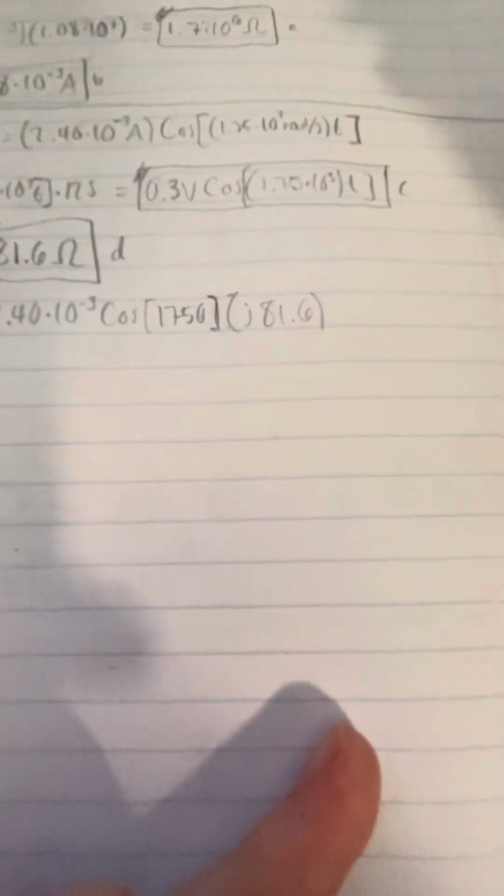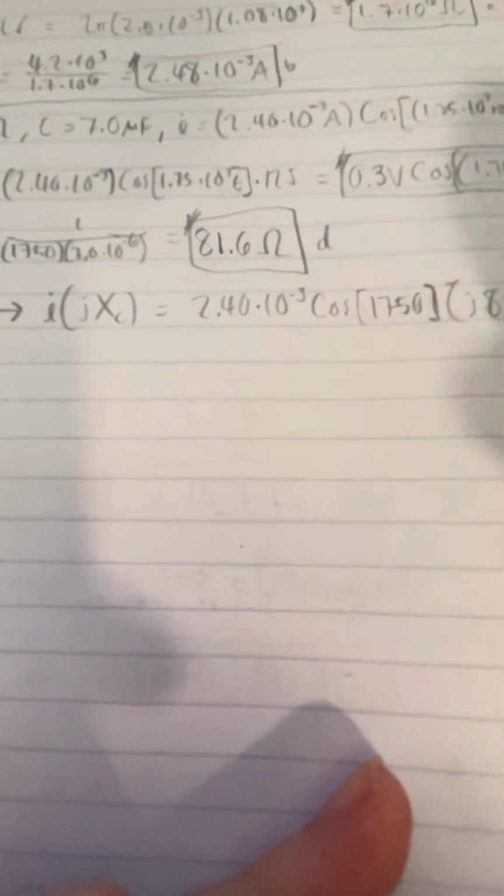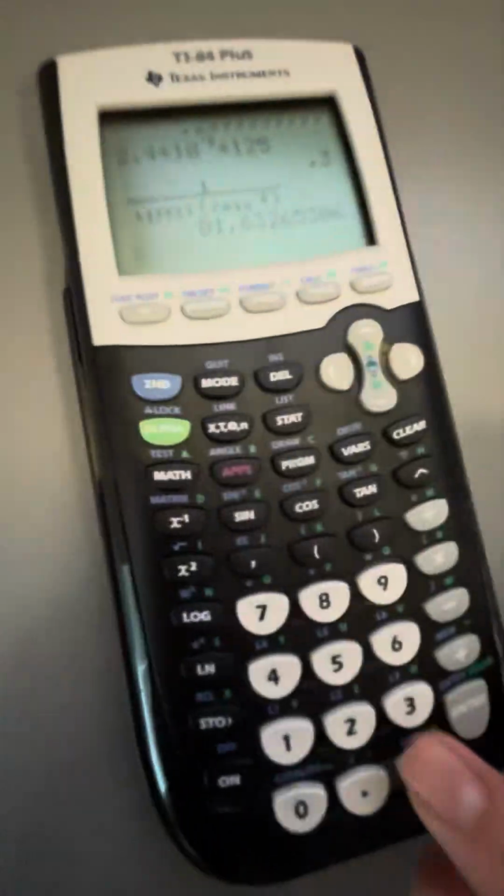Times our j times 81.6, and it's going to equal, multiplying it together, 24.